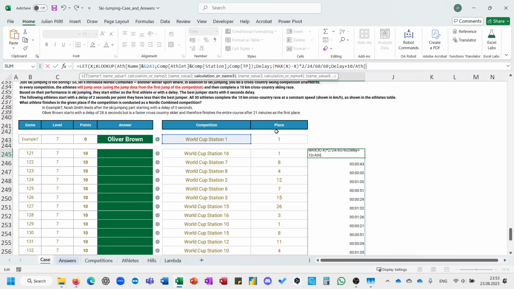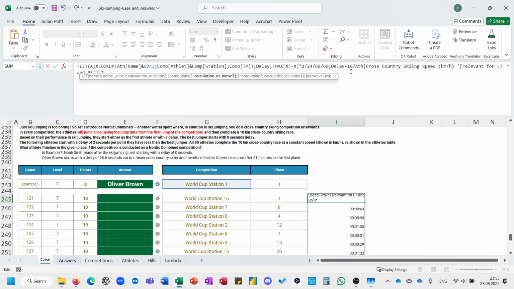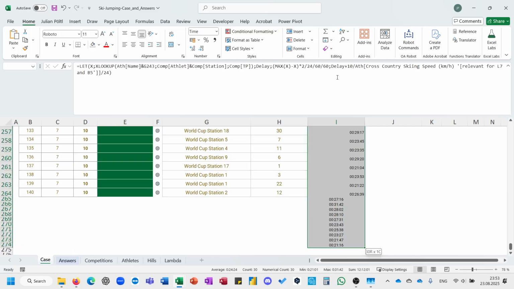And since it's sorted in the athlete, I think we can simply use this here. And since the speed is in kilometers per hour, this is in kilometers, we get something in hours. And if we want to do it in Excel time terms, I need to divide it by 24, which is then the time in seconds.